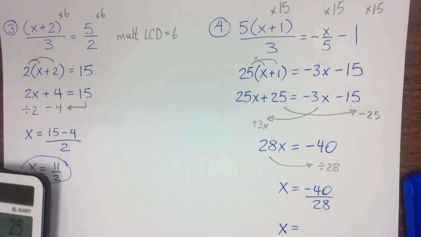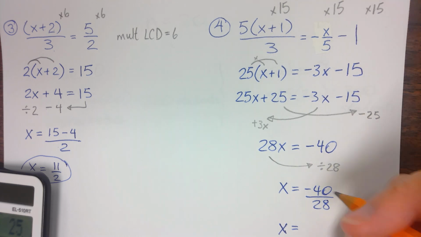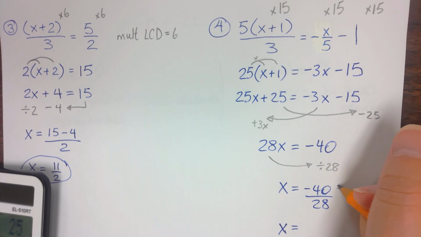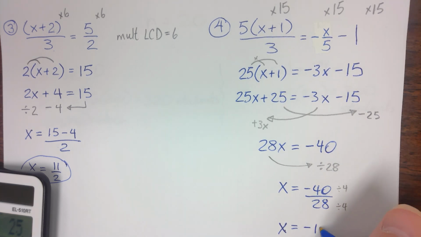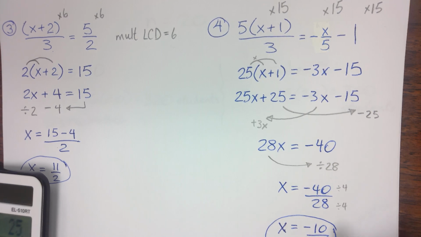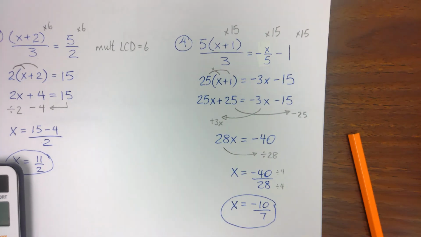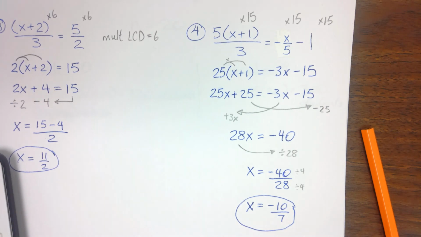What goes into both? 4. Yeah, you can reduce both top and bottom by 4. So this would be negative 10 over 7. Oops, sorry. Negative 10 over 7. All right. How many of you got negative 10 over 7?